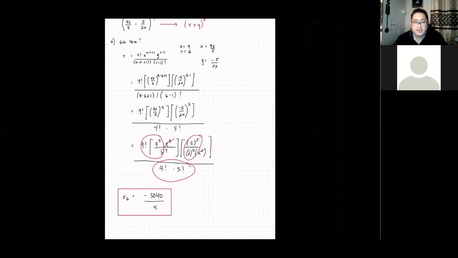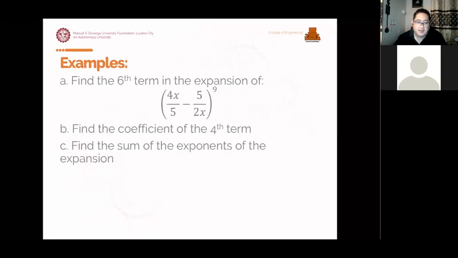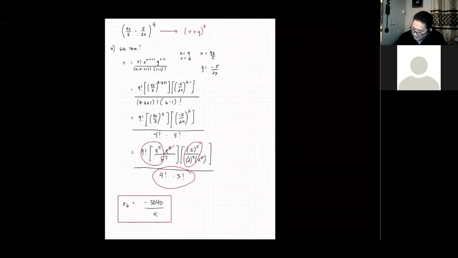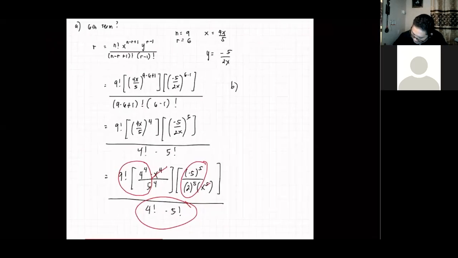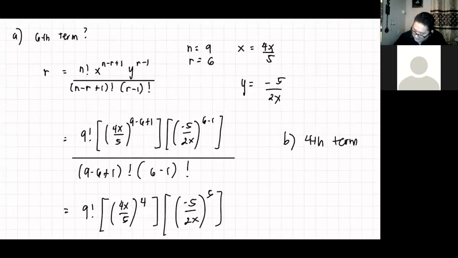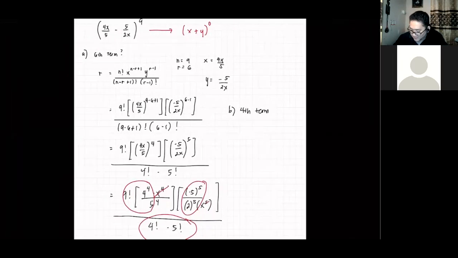Next, ano yung question sa kasunod? Question natin, find the coefficient of the 4th term. I will give this to you na lang as a practice. Yung 4th term naman daw, pero coefficient lang. Pag coefficient lang pinag-uusapan, hindi pwedeng gamitin natin yung buong formula pa rin, kasi yung x and y natin ay meron ding value, hindi lang siya basta variable.